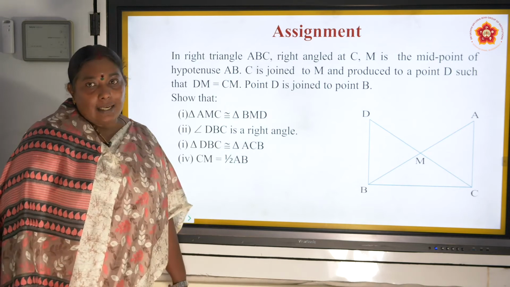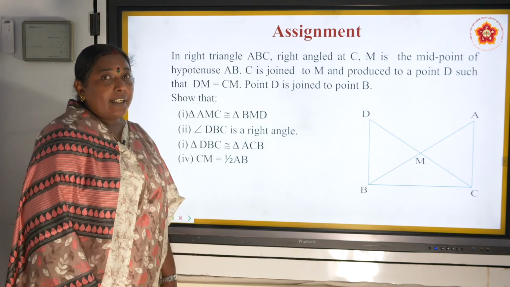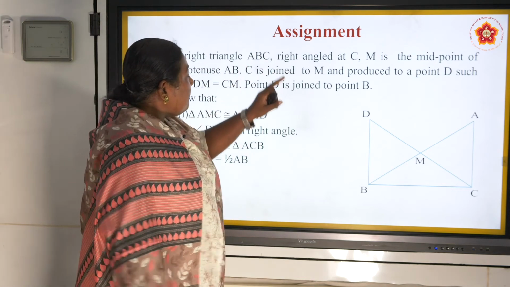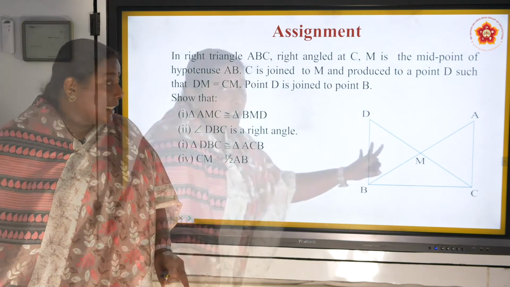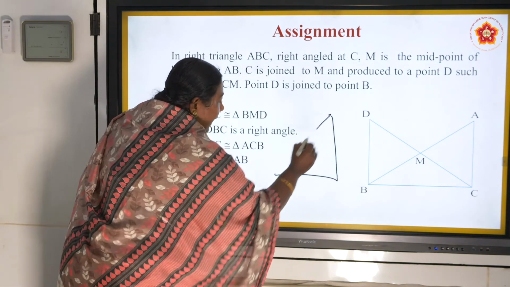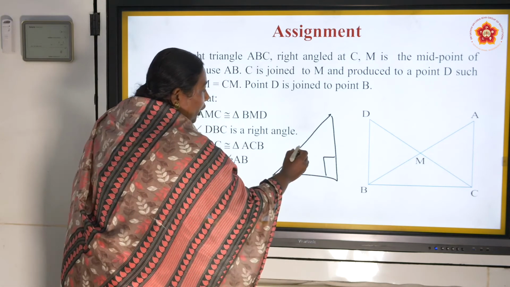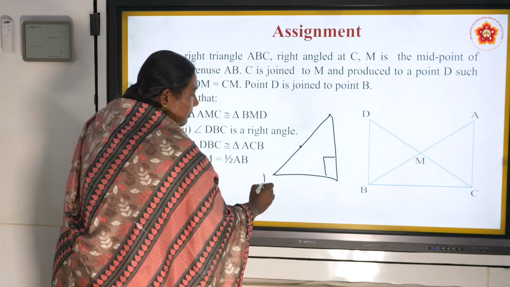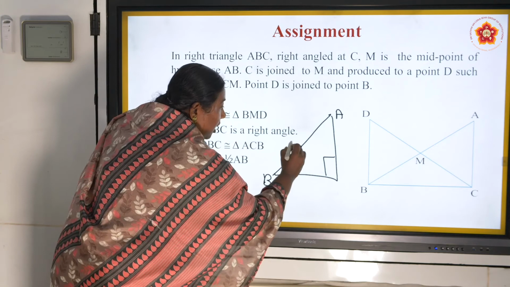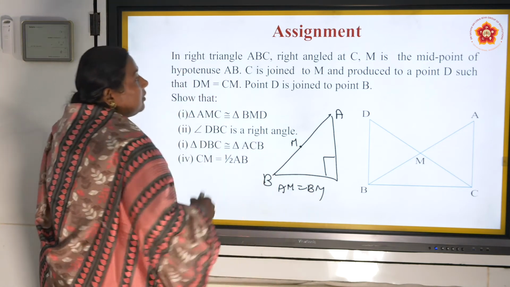Here is your assignment. It's a little bit tricky, but I think you can do it. In a right triangle ABC, right angled at C, they are telling ABC is a triangle right angled at C. M is the midpoint. M is the midpoint means indirectly what are they telling? AM is equal to BM, correct?